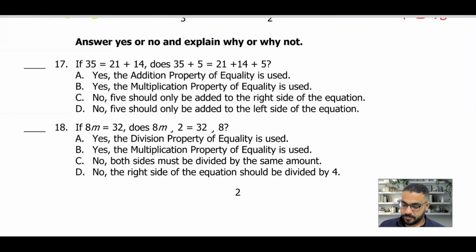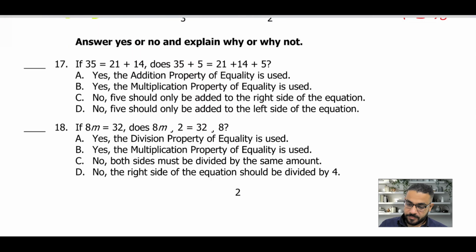Now we're moving to another type of questions. Answer by yes or no and explain why or why not. The explanation is also written here. If 35 equals 21 plus 14, does 35 plus 5 equal 21 plus 14 plus 5?